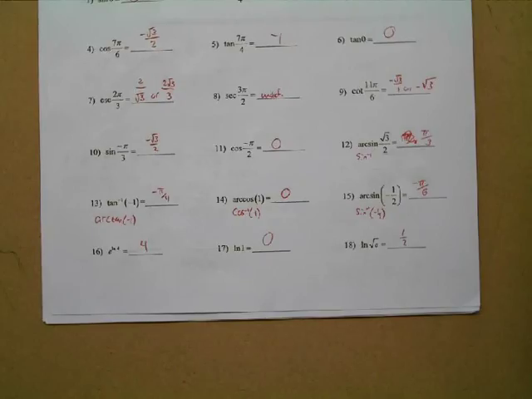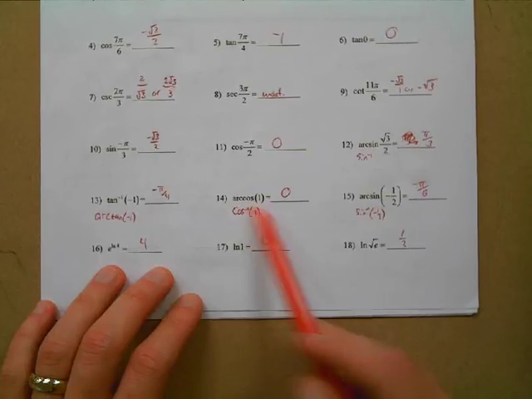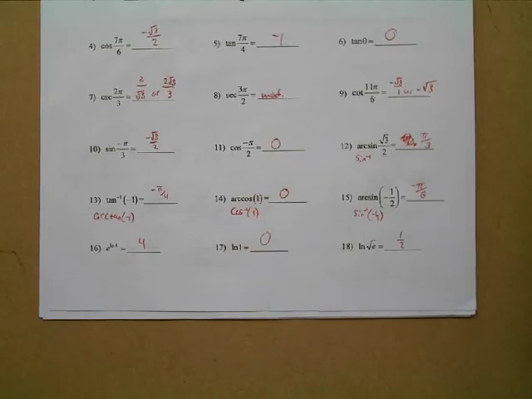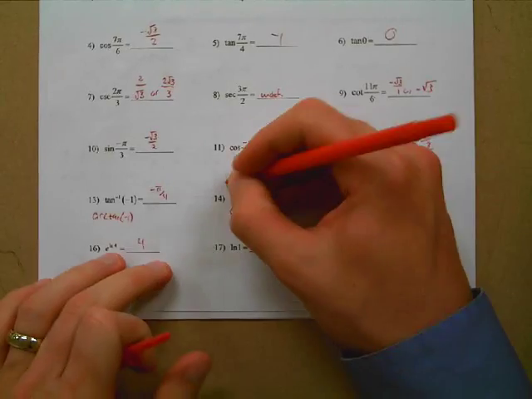All right, so let's say for example we were doing the arc cosine of root 3 over 2. The arc cosine of root 3 over 2 is pi over 6.